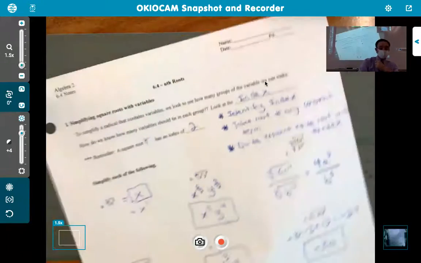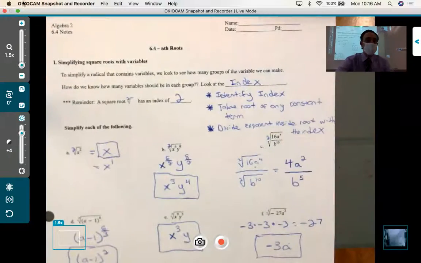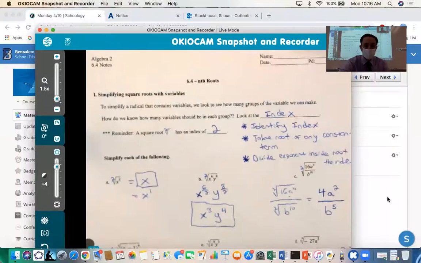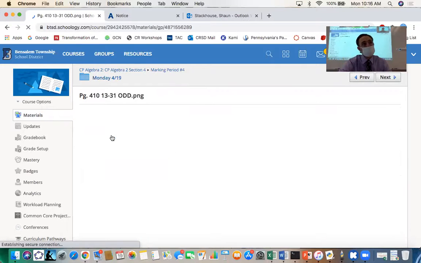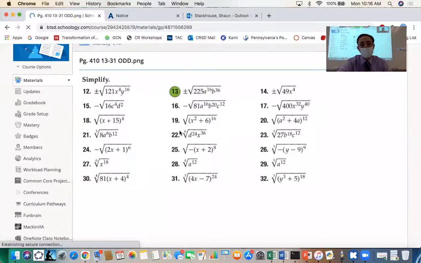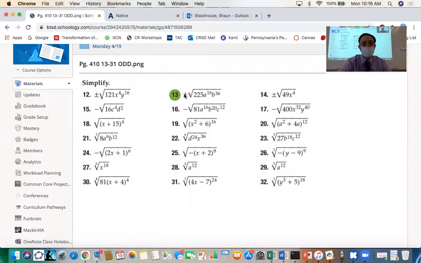Okay. So that's it for the section 6.4 notes. Like I said, pretty short, very straightforward. Your homework for tonight is on page 410, doing numbers 13 through 31 odd. All right. So don't do all of them, just the odds. On your homework, don't worry about any plus or minus here. Just go through and do the problem that's given to you.